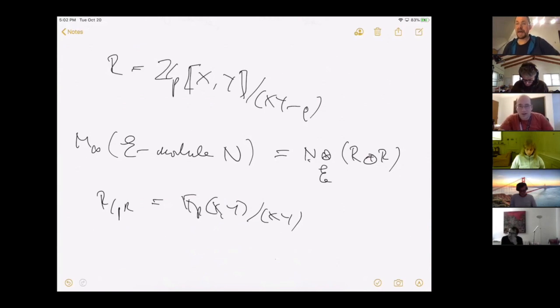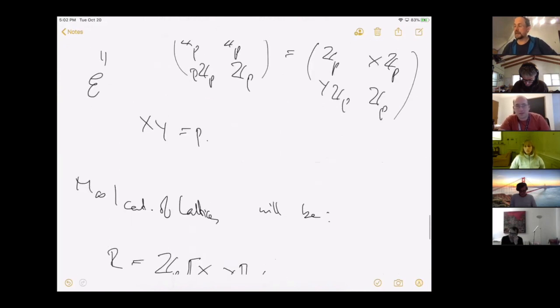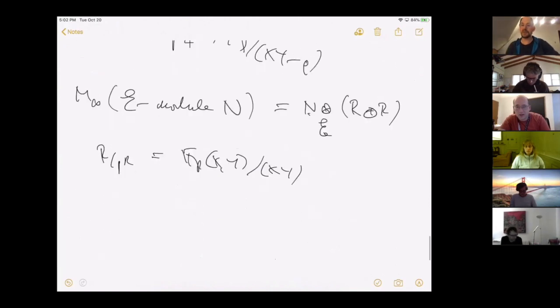R plus R has an obvious R structure, but it has an E structure as well, because I can think of the matrices in E as being matrices in R. So R plus R is an R-E bimodule. It's really the action on vectors. Okay, thanks. So it's not a projective module. It's not projective for R.